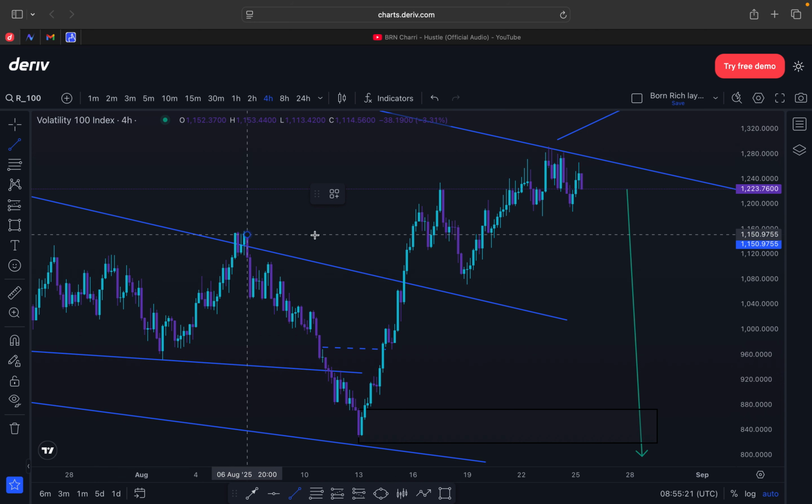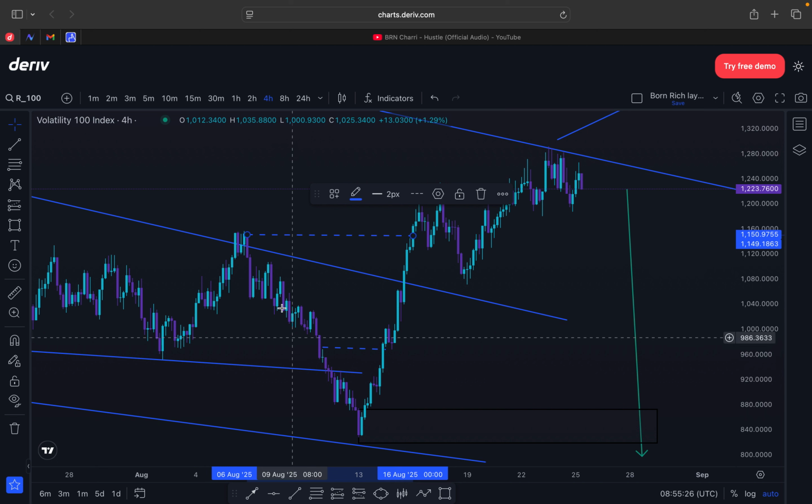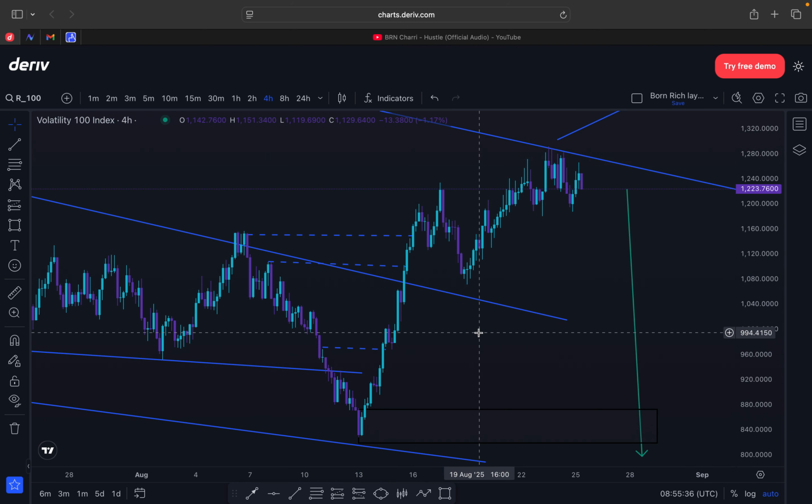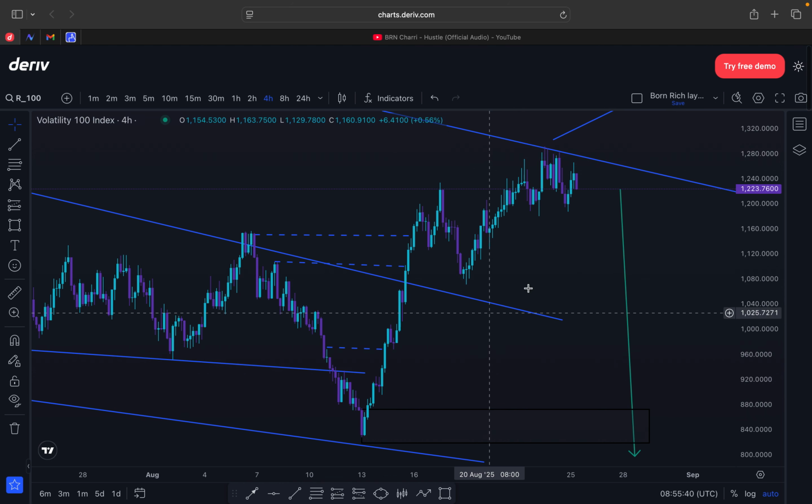It broke multiple structures. Actually, we could call this a structure. So we're expecting buys from this zone.